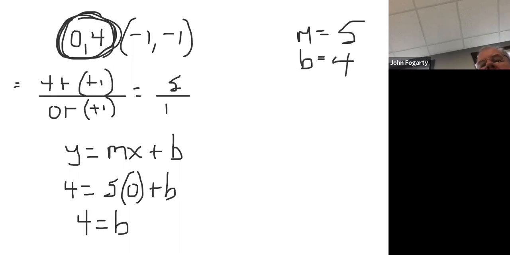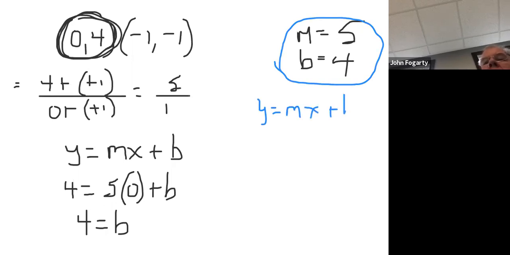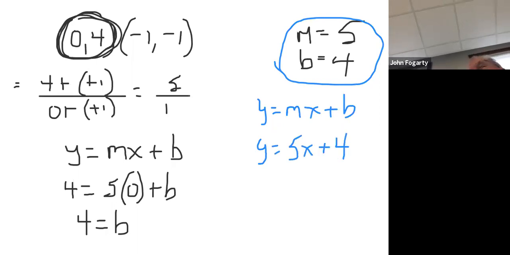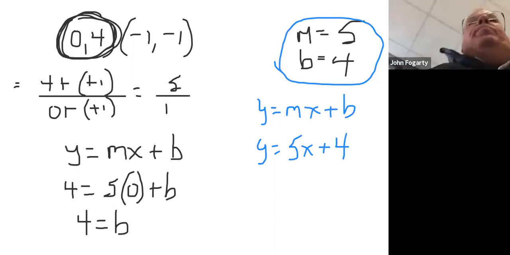So now you have your 2 data points that you need. Y equals mx plus b, so y equals 5x plus 4. All right. Now, fellas, none of that is really difficult.